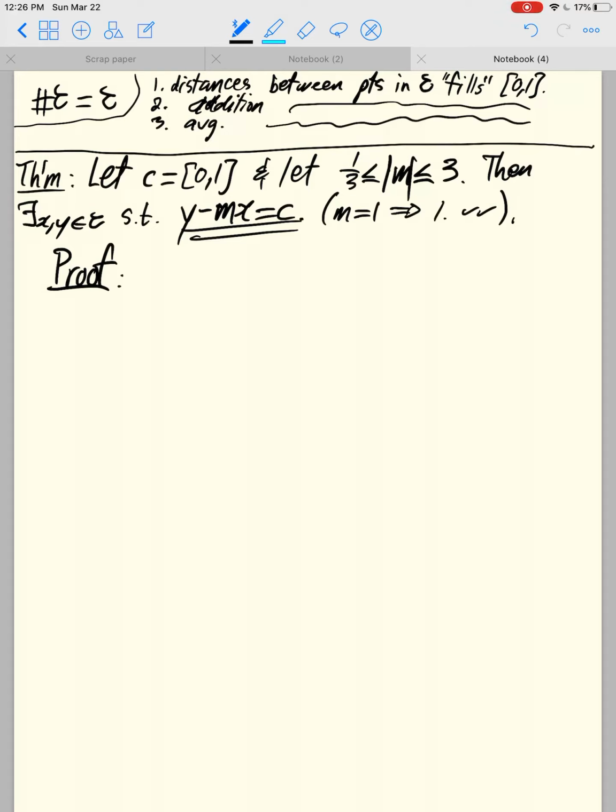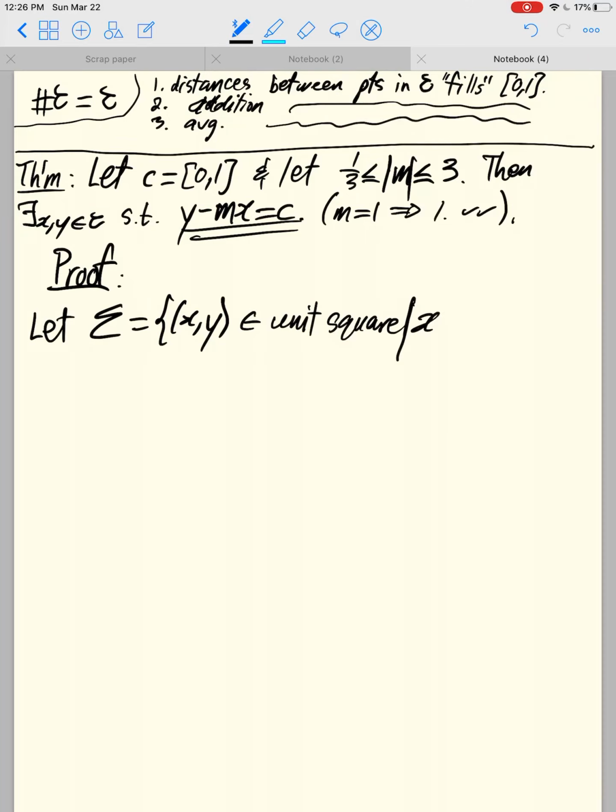So let sigma be the set of points xy in the unit square such that x is in the Cantor set constructed on the x-axis, and y is in the Cantor set constructed on the y-axis. So what we're going to do is construct the Cantor set simultaneously on the x and y-axis, and it'll be sort of like a two-dimensional Cantor set construction, and that's what we'll use for the proof.